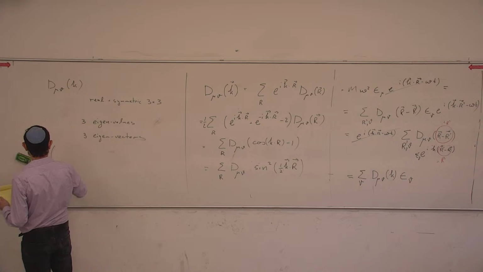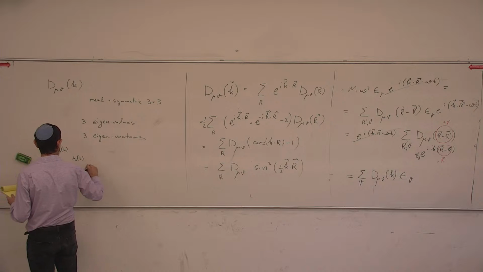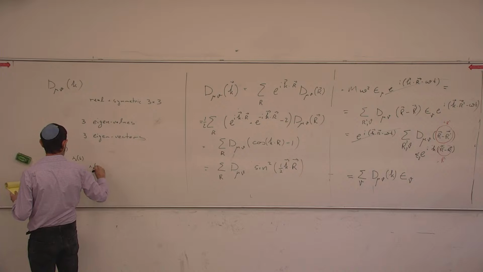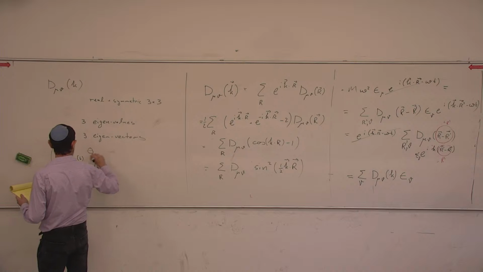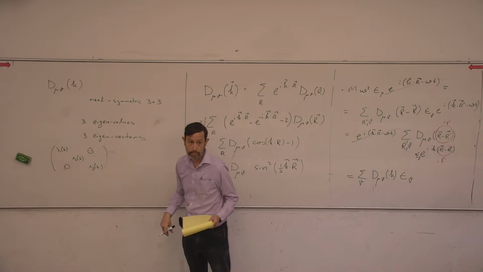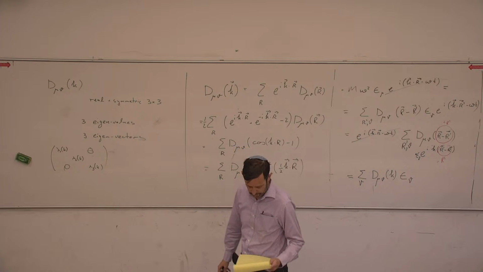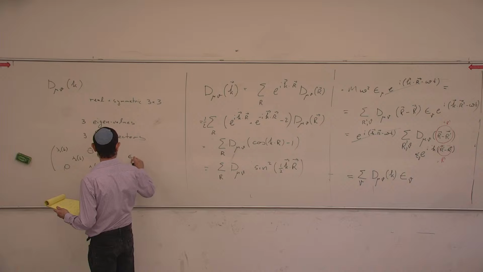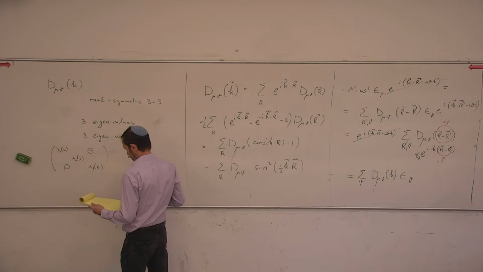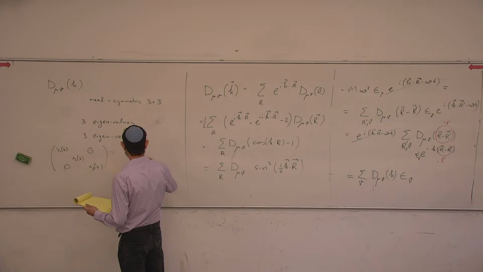So basically, after diagonalization, I have lambda 1 of k, lambda 2 of k, lambda 3 of k, and all the rest would be 0. And in this basis, I'll have E1 of k.